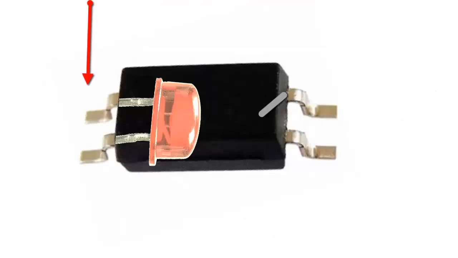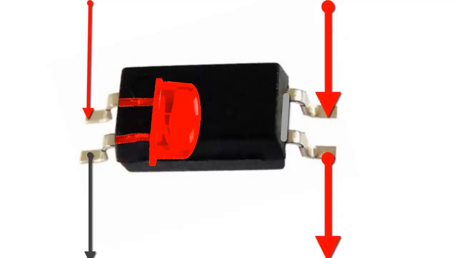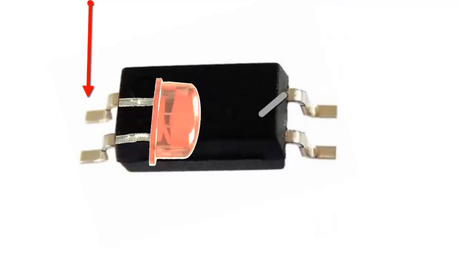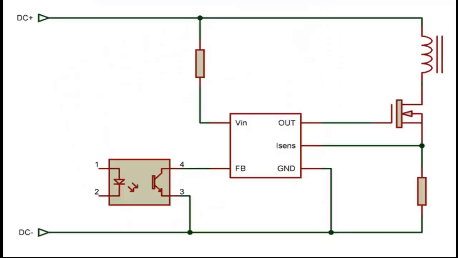Let's look at the most common areas where you might find an optocoupler on an air conditioning board. 1. Control circuit. Optocouplers are used to electrically isolate the control stage, which may operate at low voltage, from the power stage, which operates at a higher voltage.